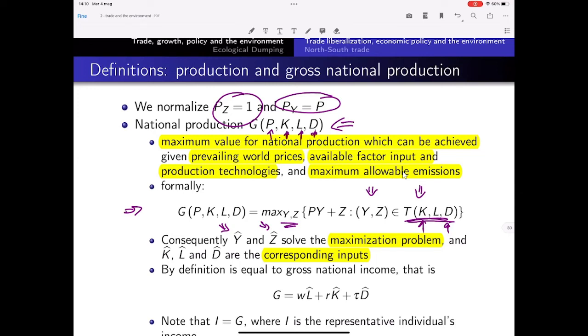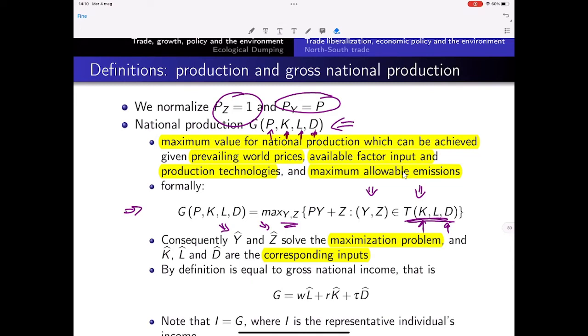Remember, this is also what we've seen when I solved the Heckscher-Ohlin model with figures. Remember I have a price, and therefore I choose optimally the output, the structure of the economy. As a consequence, given the optimal technique choice by the firm, I have K and L, and as a consequence, I have also pollution.